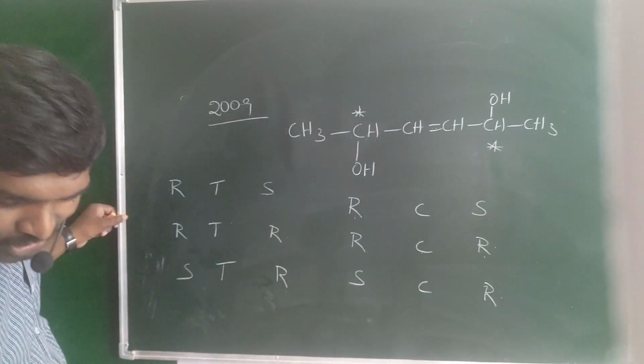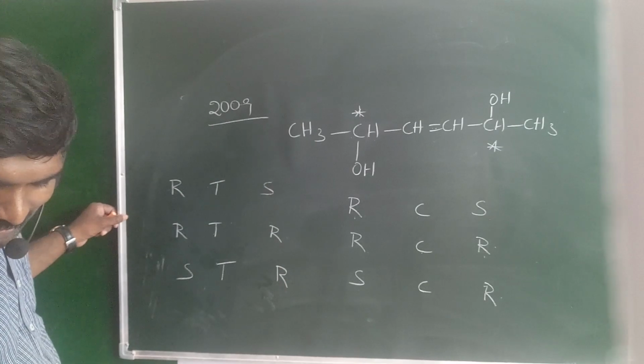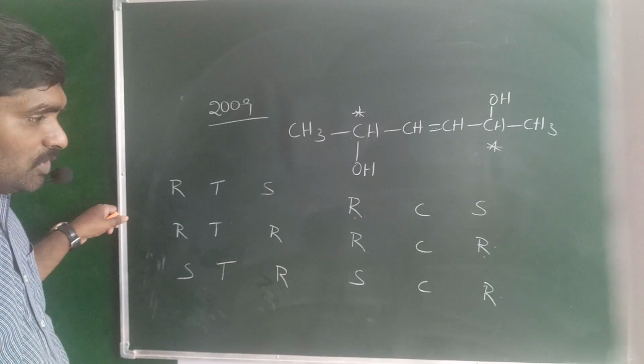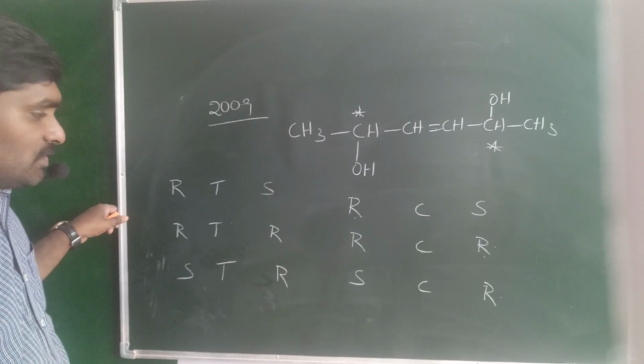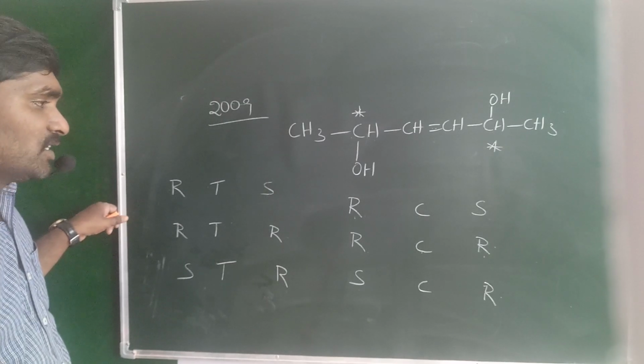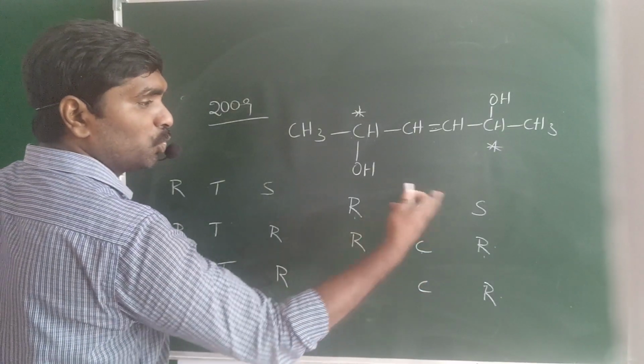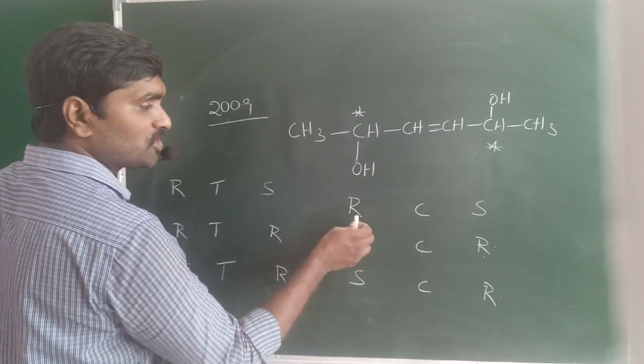Now, if the stereochemistry about the double bond in X is in cis configuration, the number of enantiomers possible for X is 2. These are the cis configuration, and 2 pairs of it, that means 2 enantiomers are possible.